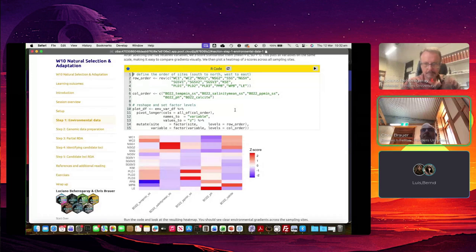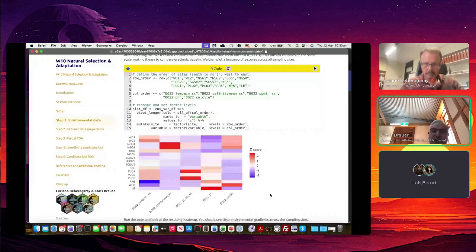You can see your sampling sites down the y-axis and each of the variables across the x-axis, and have a look at how each variable tracks across all of your sampling sites.